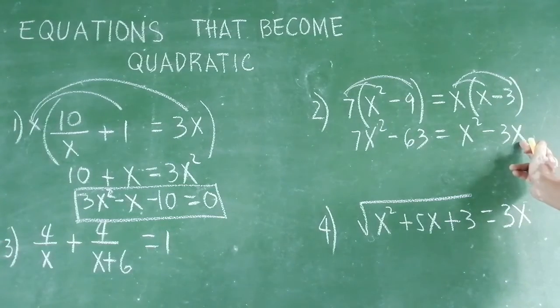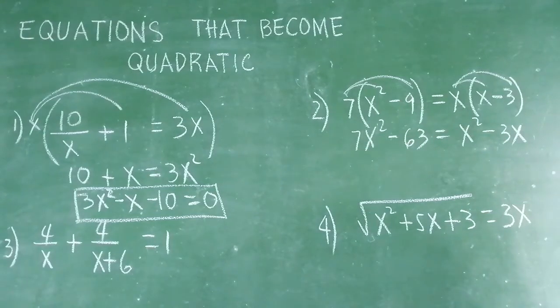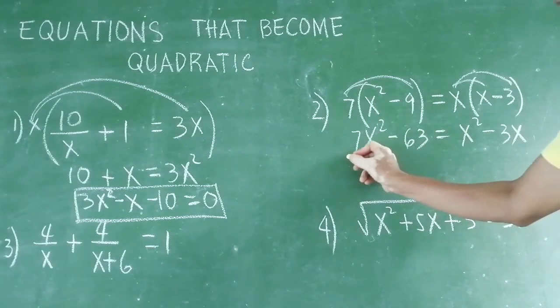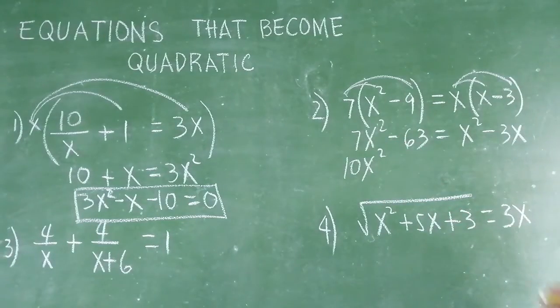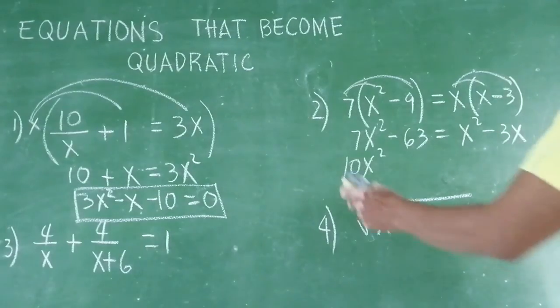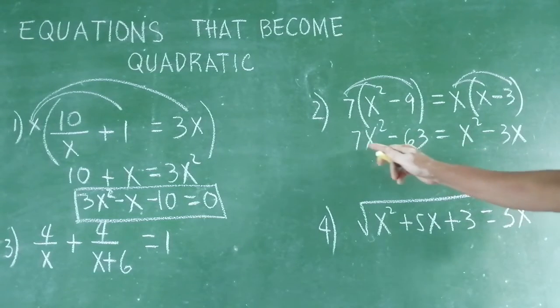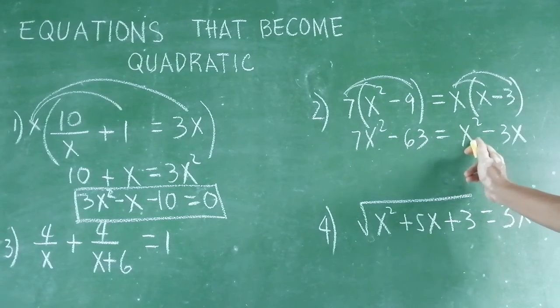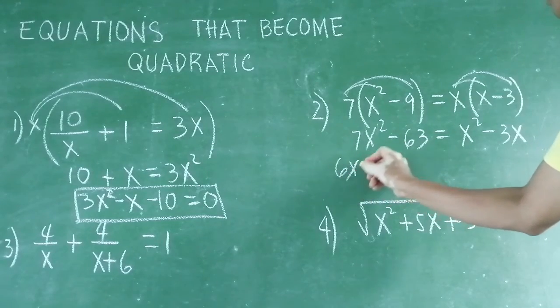So transpose this to the left side. You are going to add to 7x squared, so it will be 10x squared. Excuse me, it's not, because this is your x squared. 7x squared minus x squared will be 6x squared.